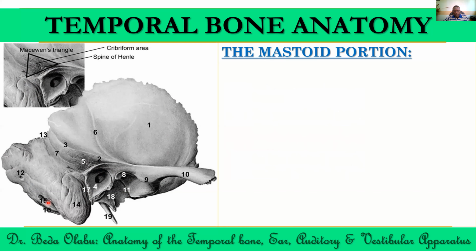It consists of what we call the bony labyrinth, also termed the otic capsule. The bony labyrinth is a series of interconnected or interlinked cavities present within the petrous portion of the temporal bone. The system of interlinked cavities is called the bony labyrinth.